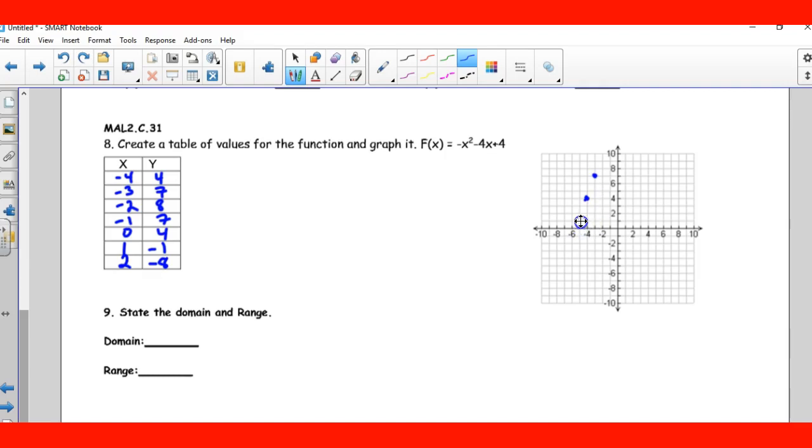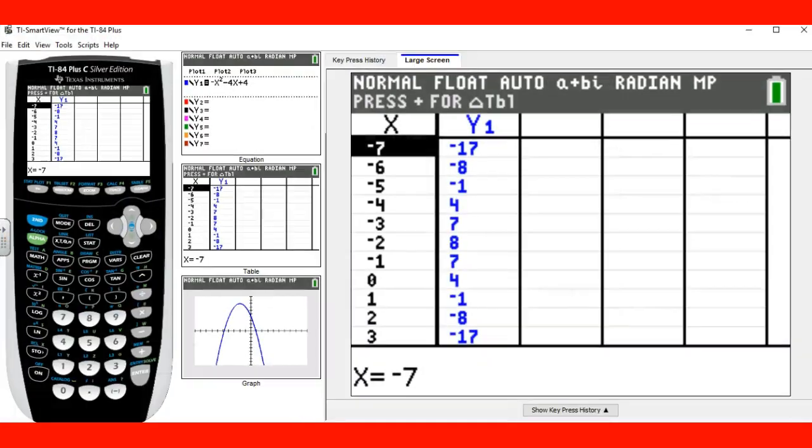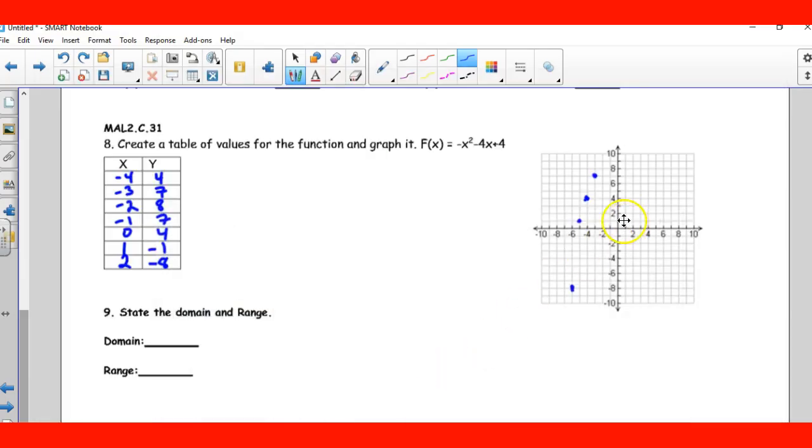We have negative 5, 1. Negative 6, negative 8. Again, I'm just getting all these from the graph.